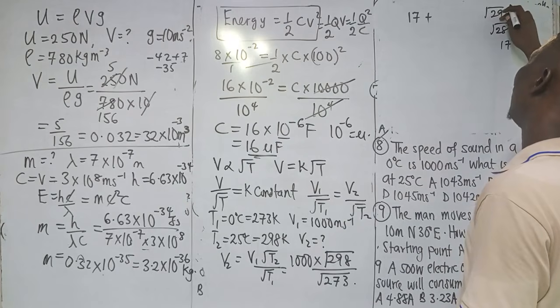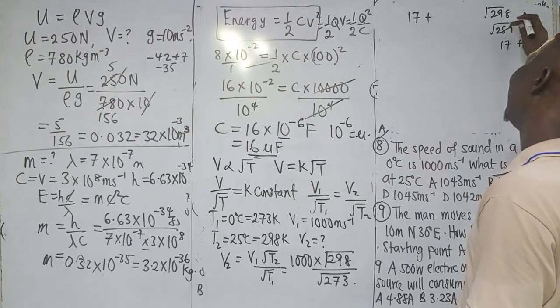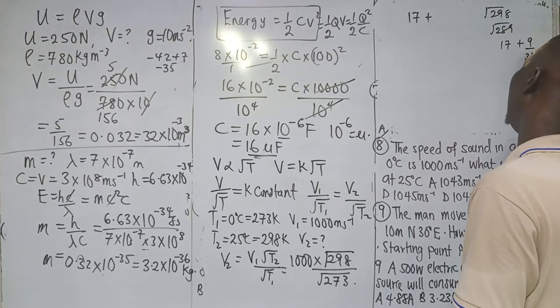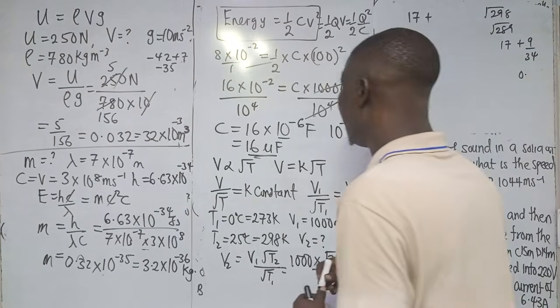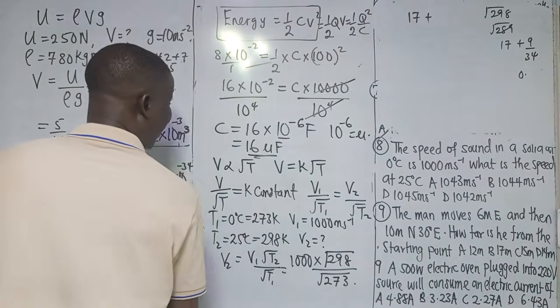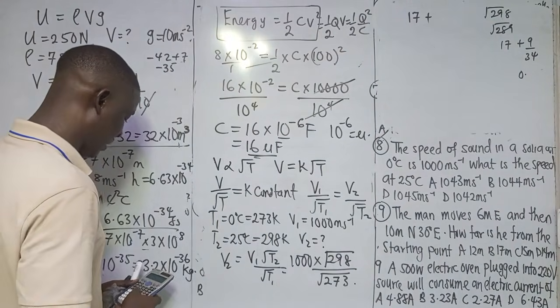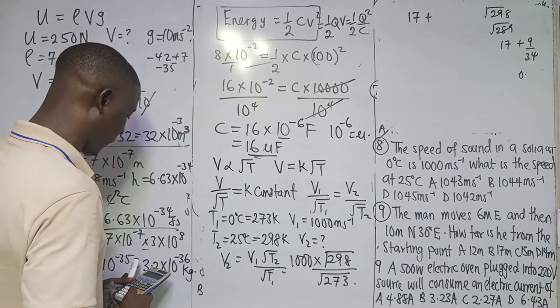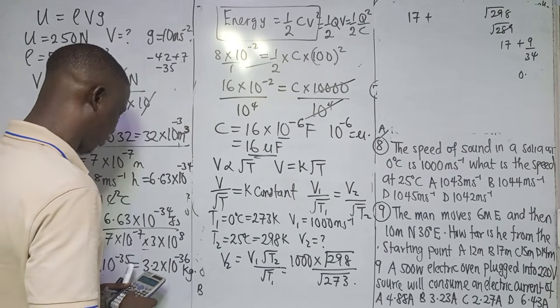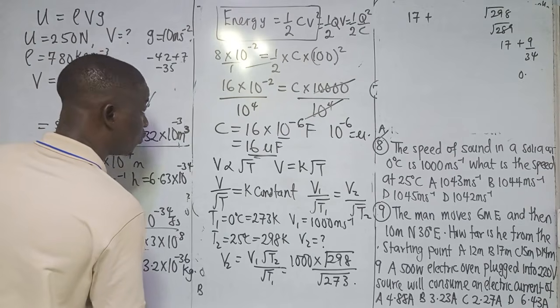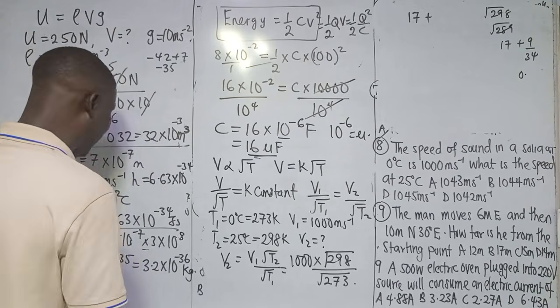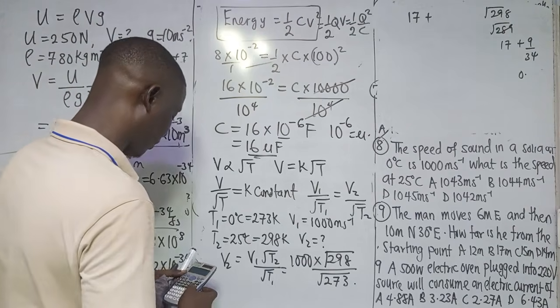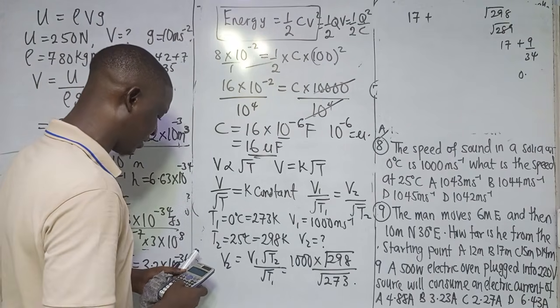Now if you remove 289 from 298, you have 9, divided by 34, which is about 0.26 thereabout. So if you add it together, I would have 17.26.